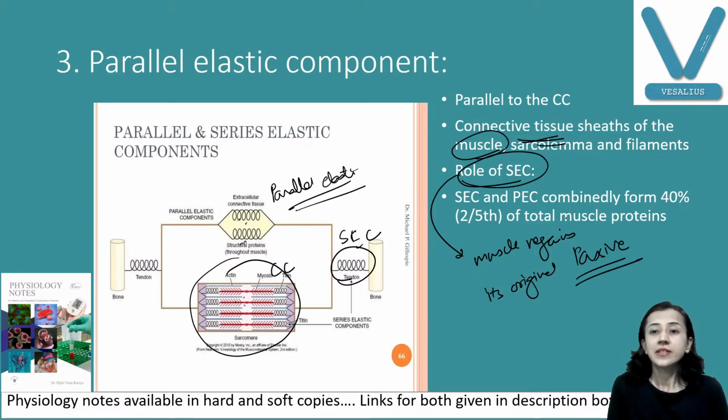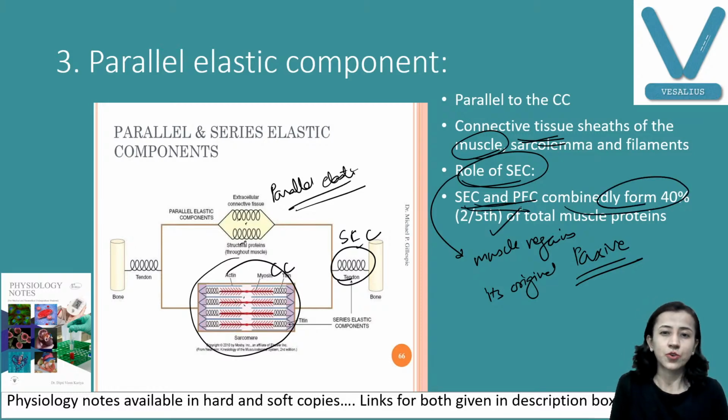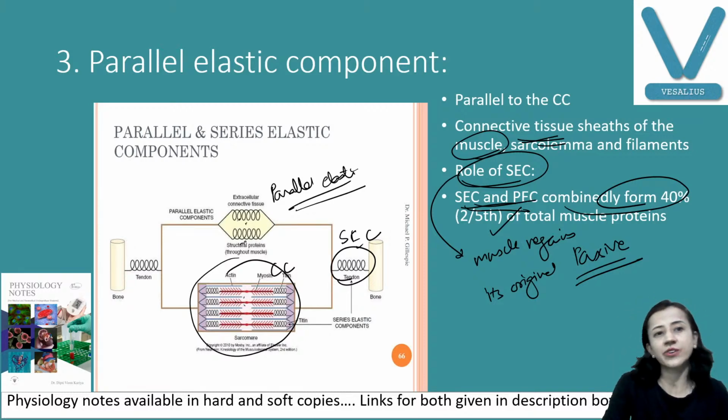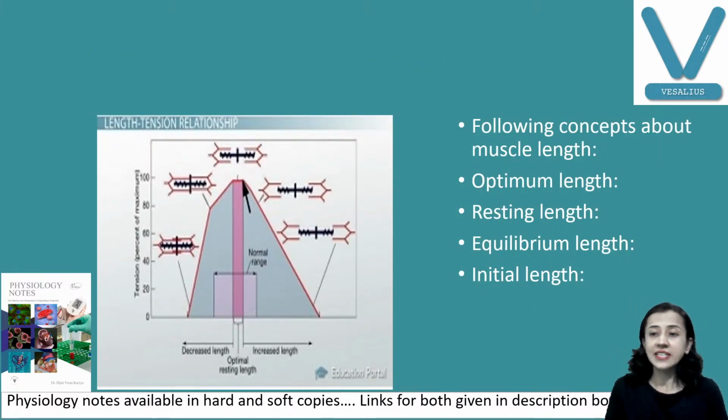And these series and parallel elastic components combined form 40%, or you can say 2/5, of the total muscle protein. Okay, fine. So this is about the different types of components: series elastic components, parallel elastic components, and contractile components.